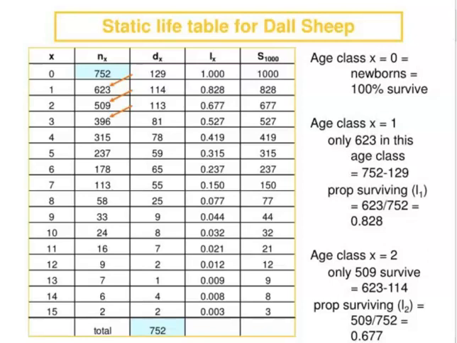And that gives us 0.828, which is where we get, when we multiply it times 1,000, 828 as the S1000 classification. In the second year, only 509 survive. So we add 114 deaths. The proportion becomes 0.677 of the original 752 population, which is why we continue to use that number instead of the number above.